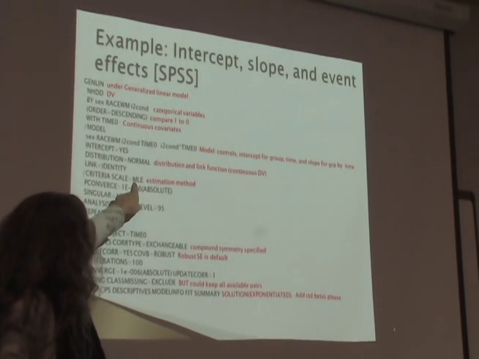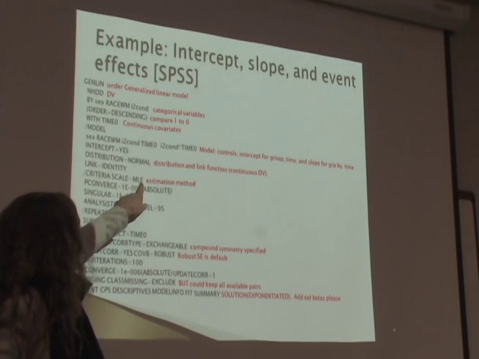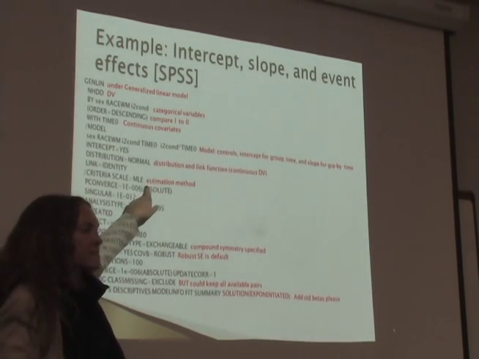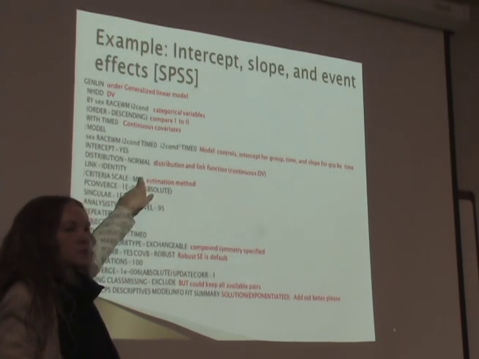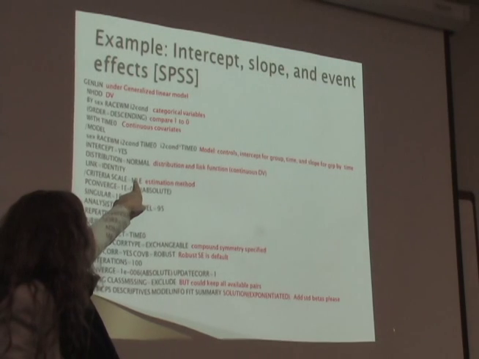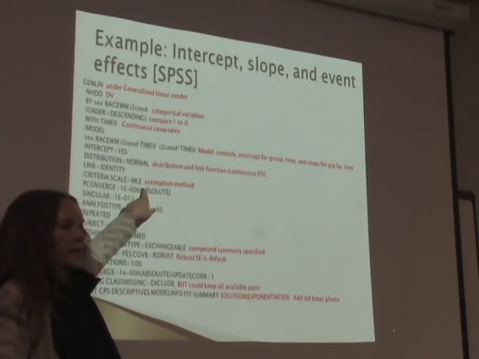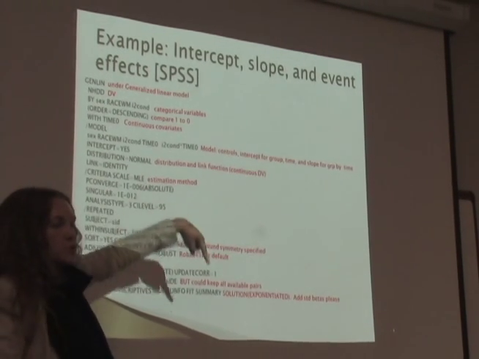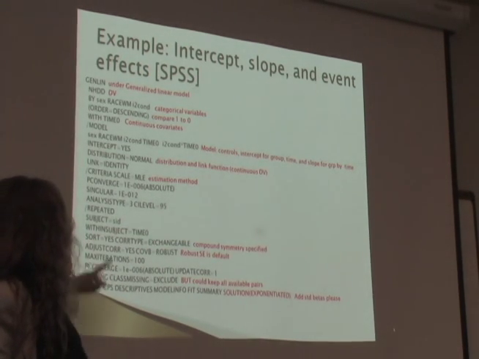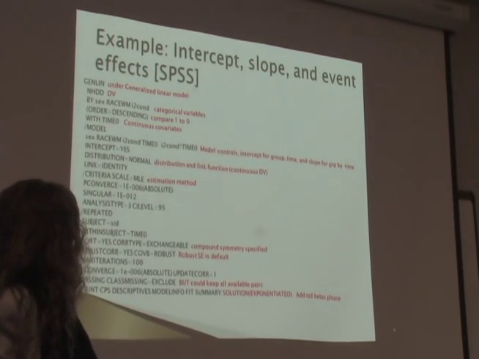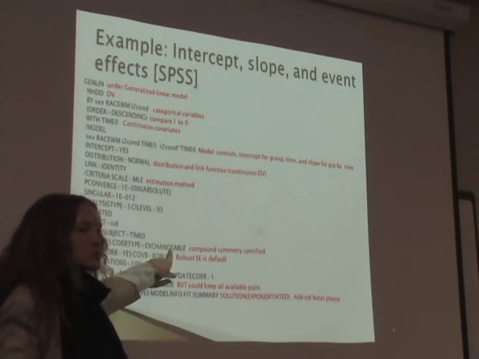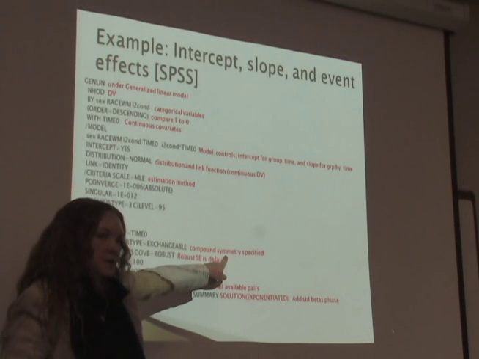There's your estimation method. I think you can switch it to maybe one other thing, but not full. I think a REML, a restricted maximum likelihood, you can do, but you can't do full information maximum likelihood. That would be switching over to MLM. Within subject variables, here's where we're plugging in our correlation structure, so compound symmetric in this case.